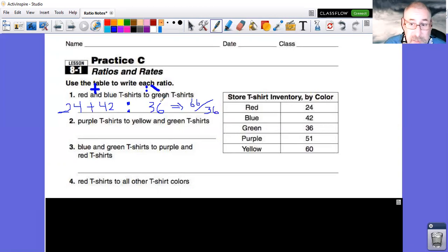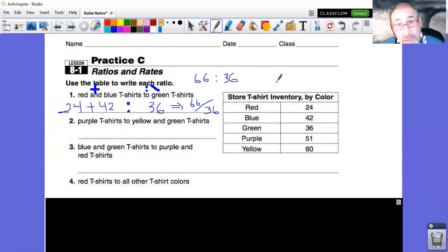I could have said 66 and used the colon. I could have used the word to. So I'll give you all your possibilities. Colon 36. I just prefer the fractions because that's the way you're going to see it most often.